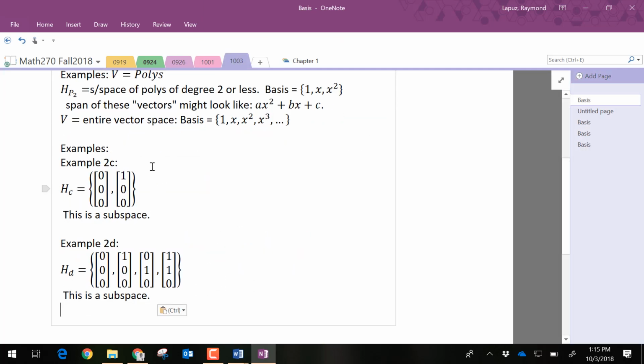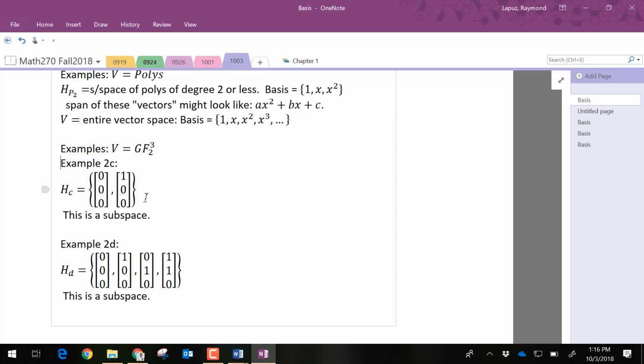In GF2 we found a subspace, and because this is a finite set, we can list it down.